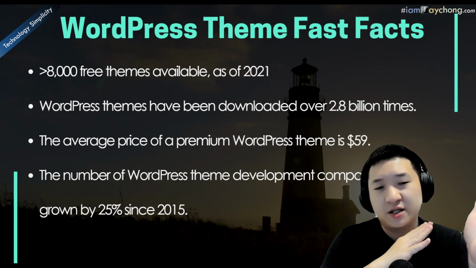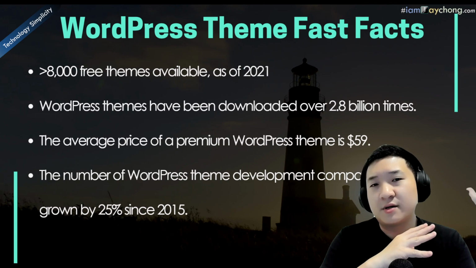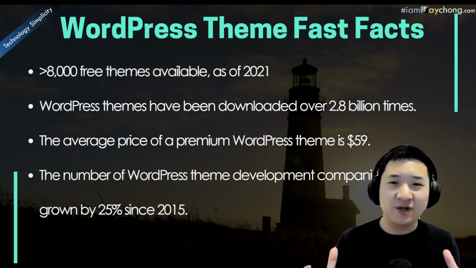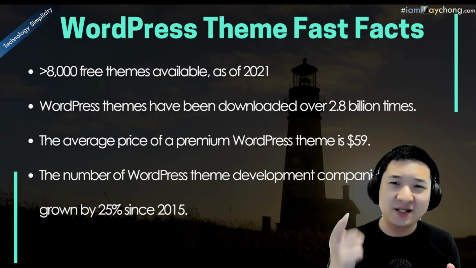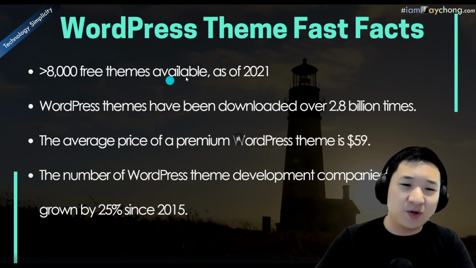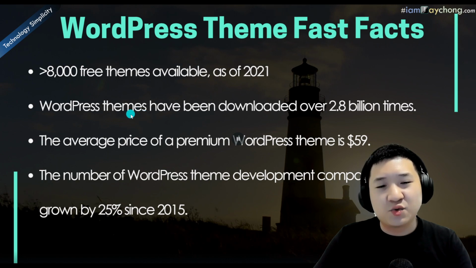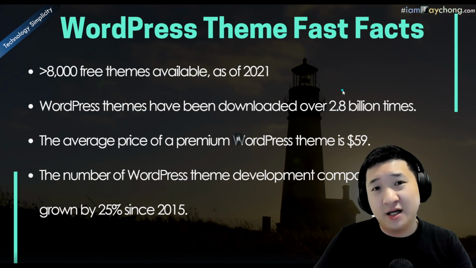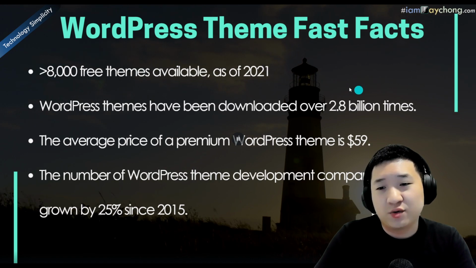So imagine you get 8,000 free themes and around 10 to 20 that actually come with a lot of built-in demos and templates for you to kickstart. Okay, so that's one thing. Secondly, WordPress themes have been downloaded more than 2.8 billion times since WordPress launched. So yeah, it's a lot, man.